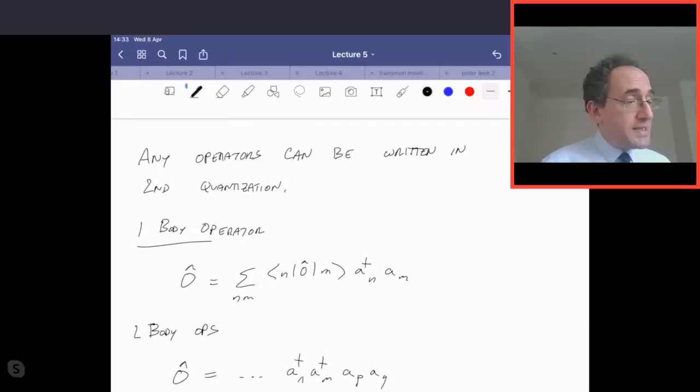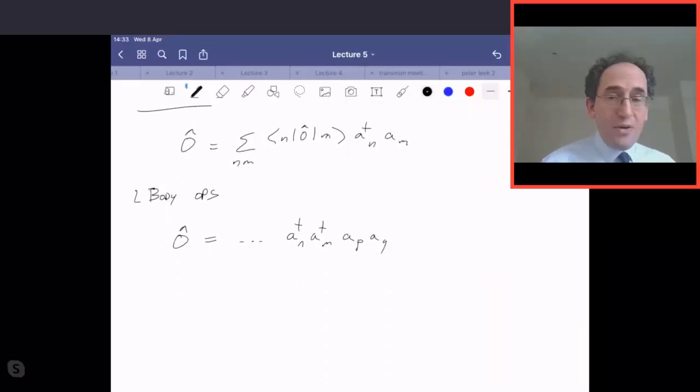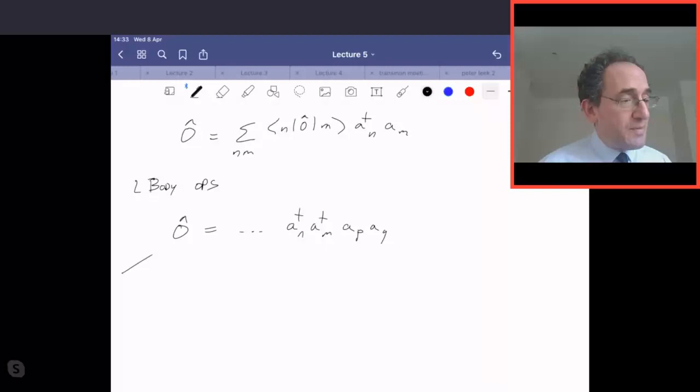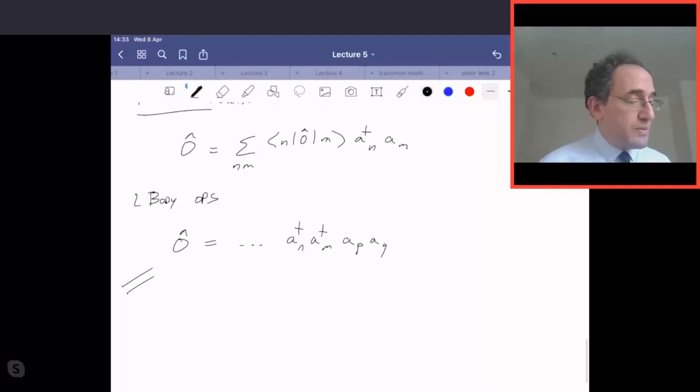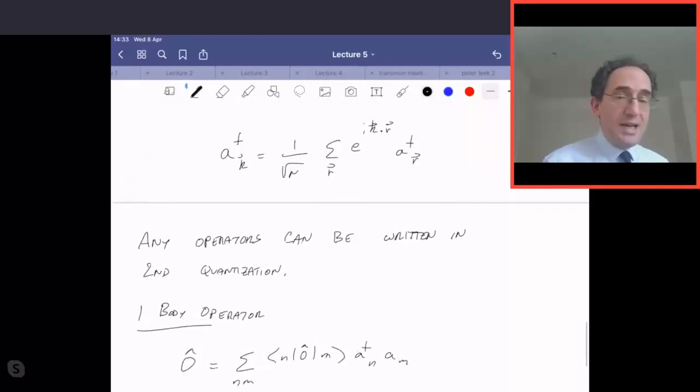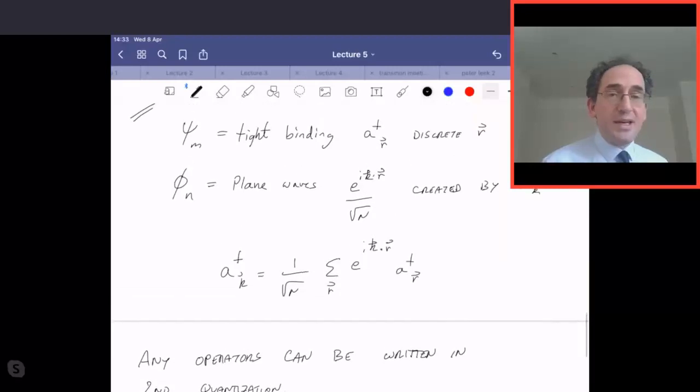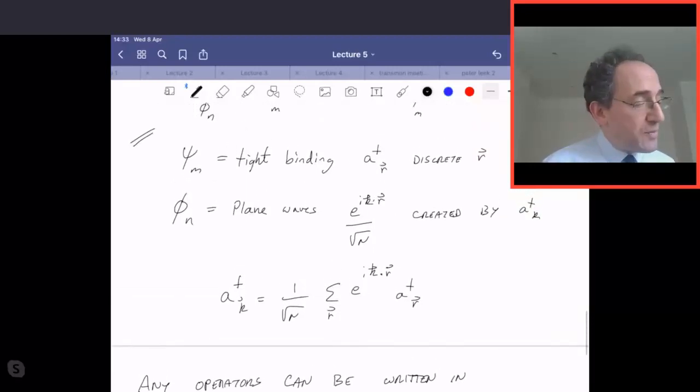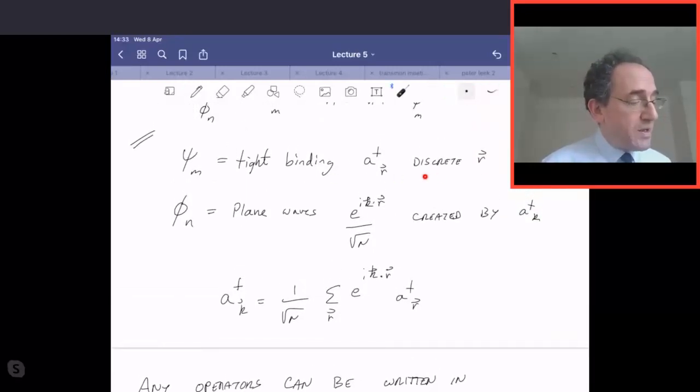So it's very convenient to go one step further. We often start by thinking in the tight binding language. These tight binding orbitals we have, imagine them on a lattice, and we then imagine going from the lattice to a continuum. This is something we very frequently do in condensed matter.